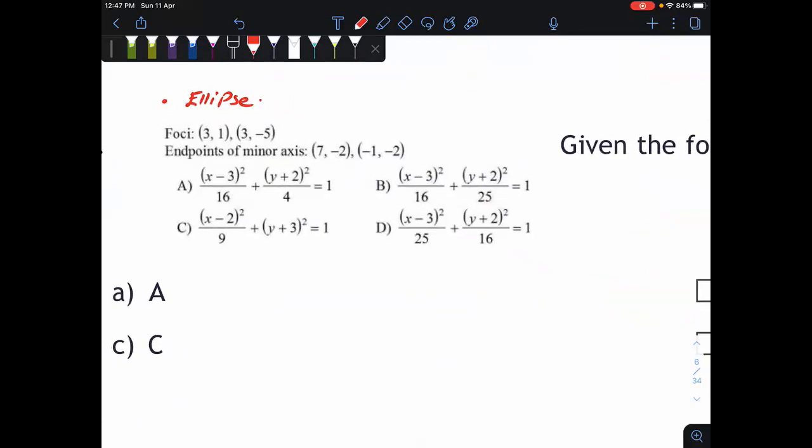So it's augmented vertically, right? No, it's horizontal: (7, -2) and (-1, -2). The midpoint between these two points is the center of this ellipse. To find it quickly, add the x's and divide by 2, and add the y's and divide by 2. 7 and -1 is 6, over 2 is 3.